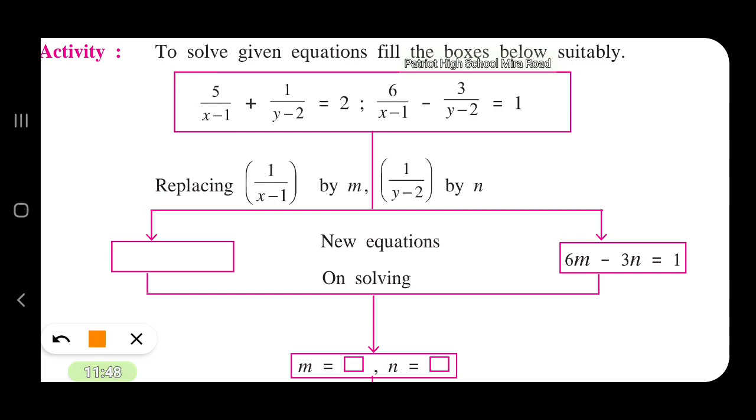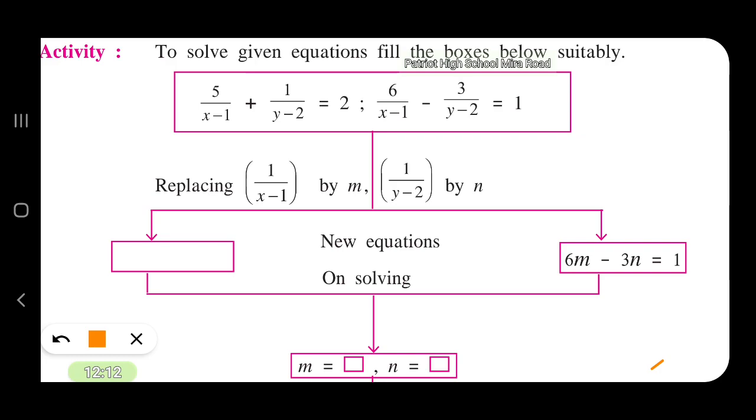Activity. To solve the given equations, fill the box below suitably. So the equations are 5 upon x minus 1 plus 1 upon y minus 2 is equal to 2. And the second equation 6 upon x minus 1 minus 3 upon y minus 2 is equal to 1.